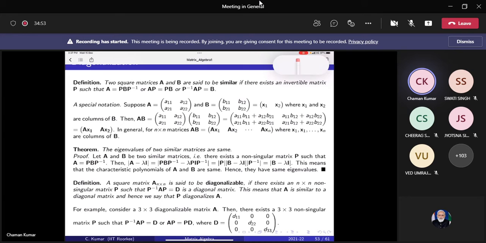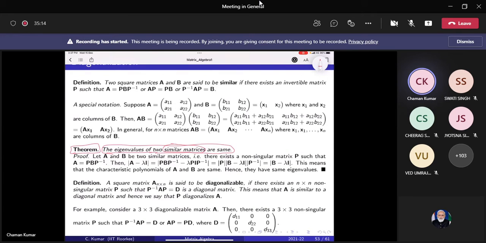Now, let us come to the statement of this theorem. It says that the eigenvalues of two similar matrices are same. The definition of similar matrices we have just seen.